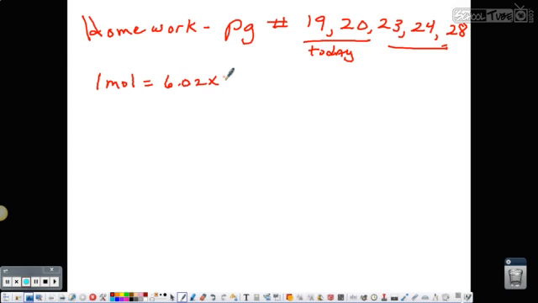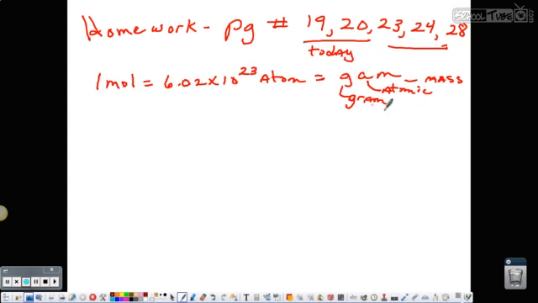6.02 times 10 to the 23rd atoms, and that equals the GAM. G stands for gram, A stands for atomic, and M stands for mass.